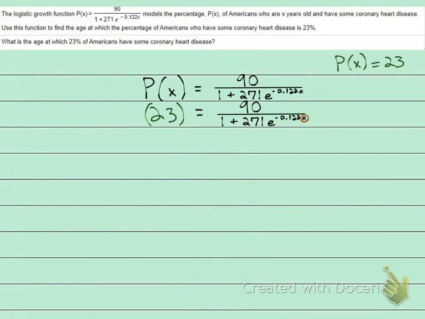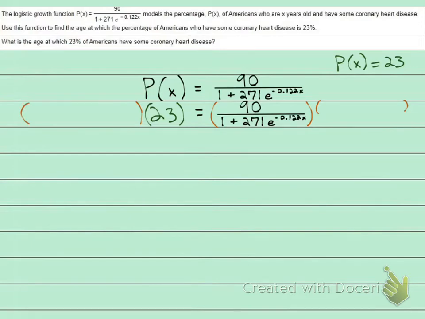First thing to note is that it is down here in the denominator. To get it out of the denominator, we're going to multiply both sides times that denominator, so that you will have no more x in the denominator.